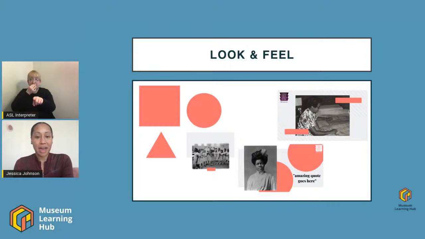But that was the font that the museum used. So it was still in alignment with our brand guidelines. The colors were different because we wanted the campaign to stand out, but we're staying true to what our brand guide is. We have our logo, we have the font, and our images are prominently placed, but not changing what the image is or the look and the feel of the actual piece.